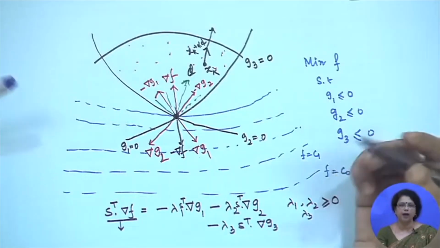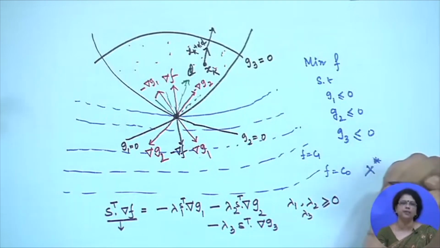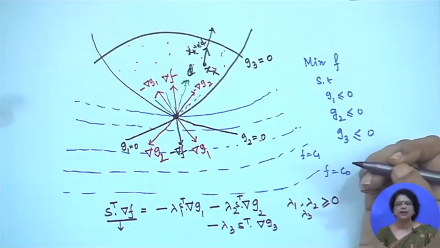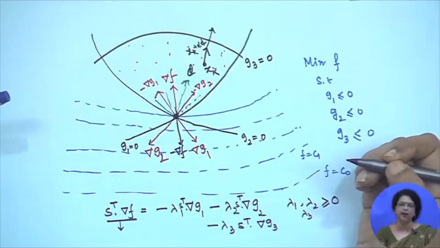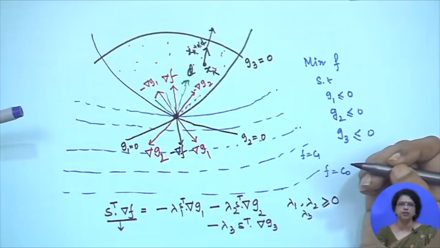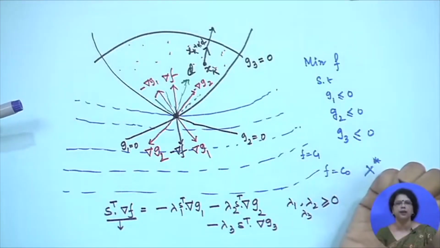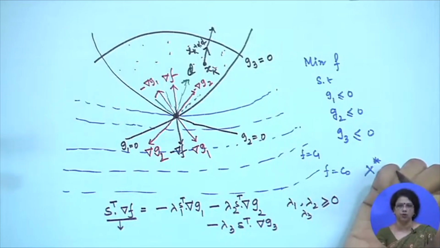Thus, the descent direction can be defined as grad f dot d must be less than 0. Now, why are we talking about feasible direction, descent direction, ascent direction, all these directions? Because in the next phase of my lecture you will see we will deal with the methodology to solve the constrained nonlinear programming problem. There we can see that all this mathematics will help us a lot. Okay?